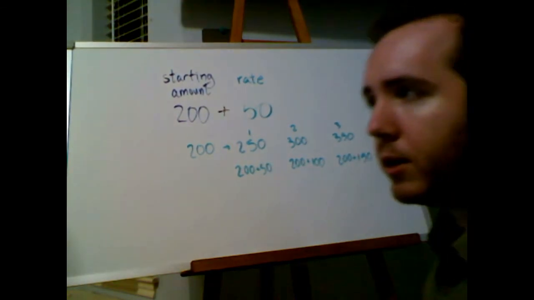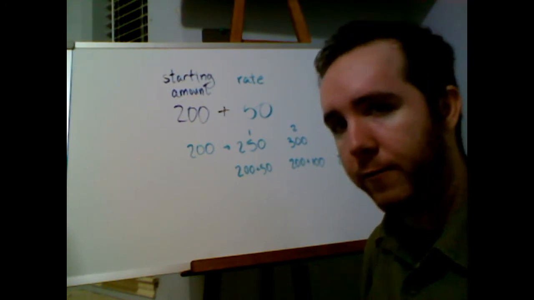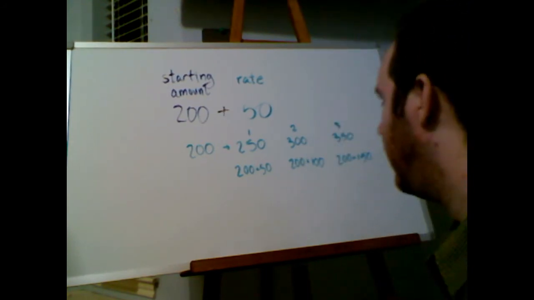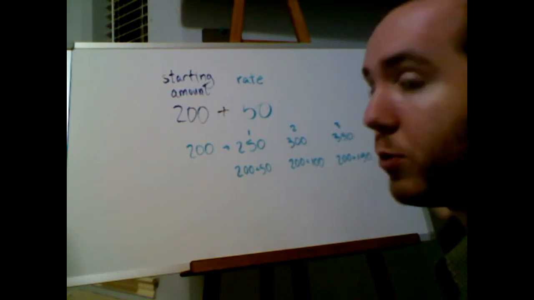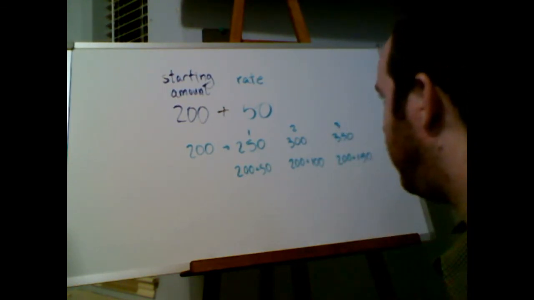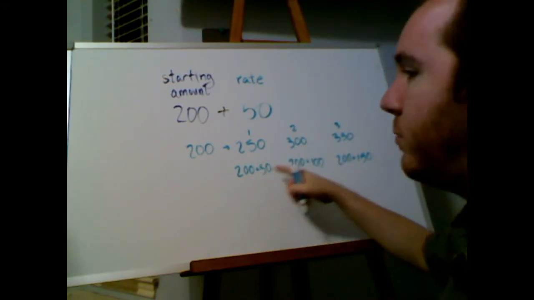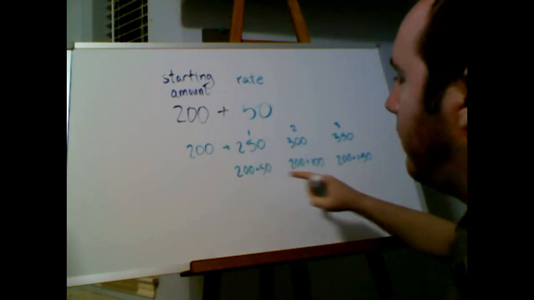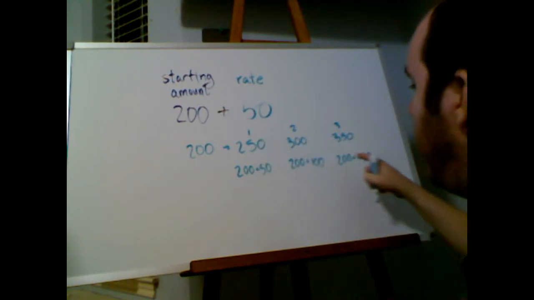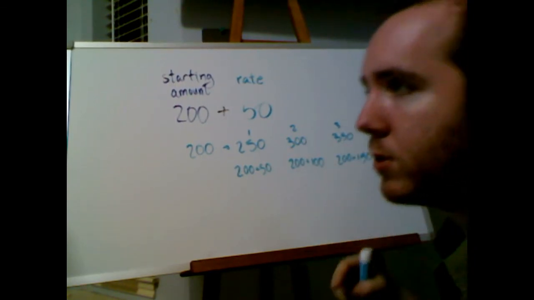Now if I ask you, how much has he gained? You can find this pretty easily. If I said, how much has he gained after the 10th week? You can just keep doing this, but what we're doing is just repeated addition. Plus 50, plus 50, plus 50. Here, this is 50 times 1, 50 times 2, 50 times 3, 50 times 4, and so on.